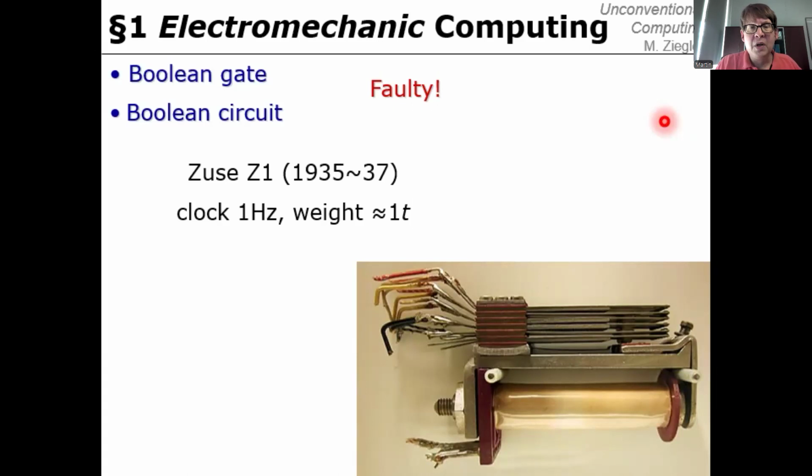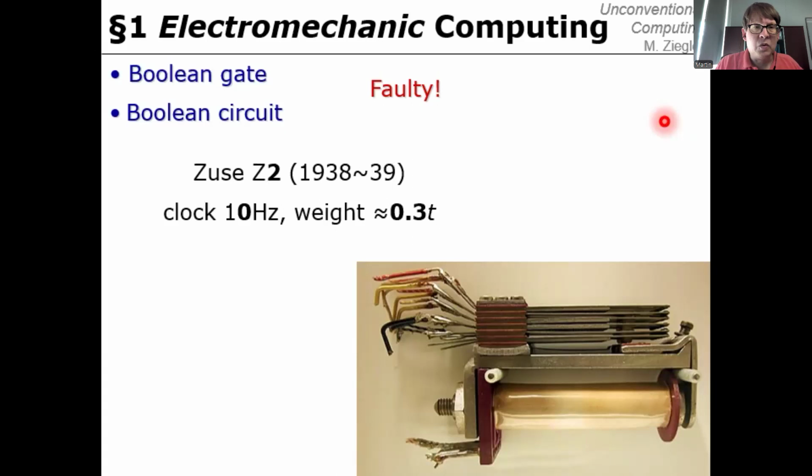And he bought used such relays, roughly 300 of them at a cheap price because they weren't used anymore, and then combined them to build his Zuse Z2 computer, which would weigh less, only 300 kilograms, and run fast at a clock frequency of roughly 10 hertz, and most importantly, more reliably.